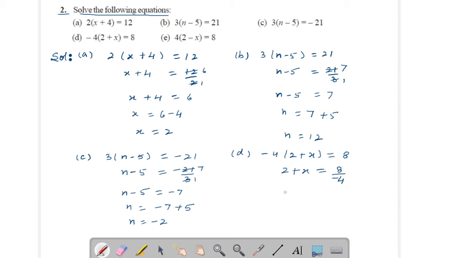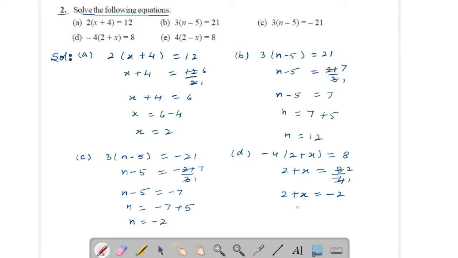Solve this. This can be written as 2 plus x equal to, cancel the terms, 4 1 ja, 4 2 ja. Here minus will go in the numerator. This can be written as minus 2. Here again transpose 2 to right hand side.